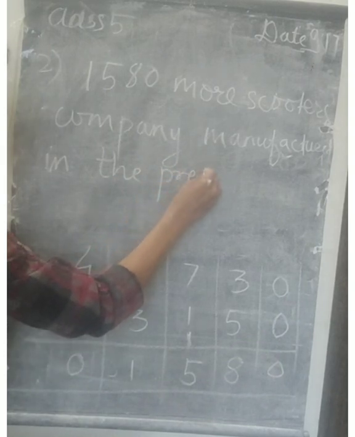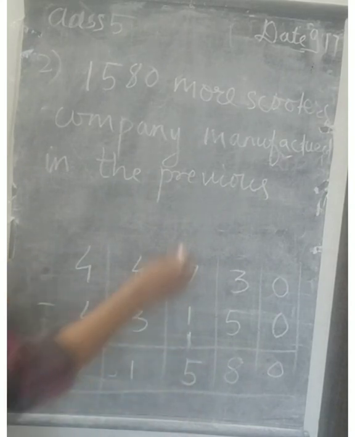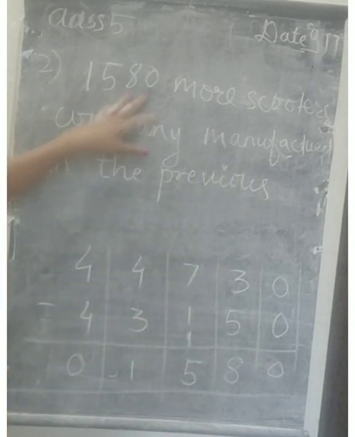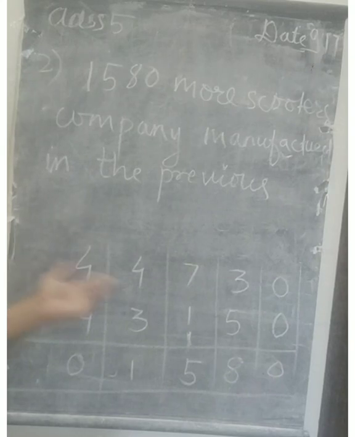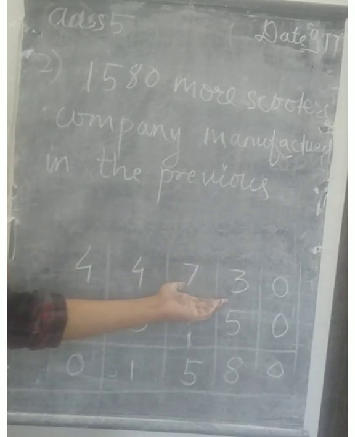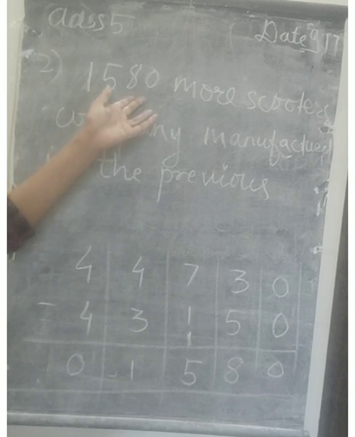If you just write scooters, it will give you totally different meaning. That means if you write like this, 1,580 scooters company manufactured in the previous year, so that means that 44,000 is not true. You are writing they just produced 1,580 scooters.